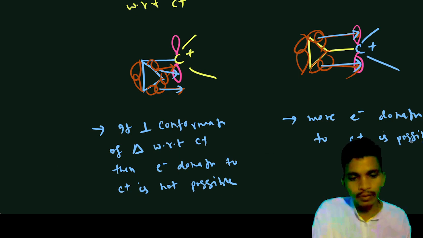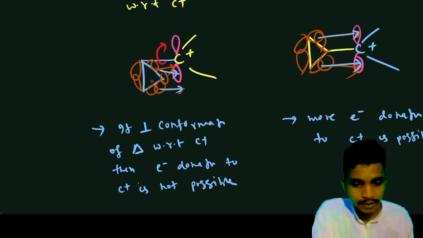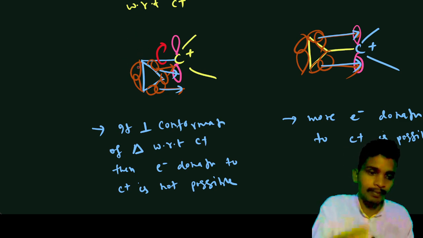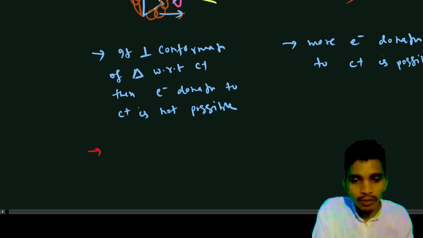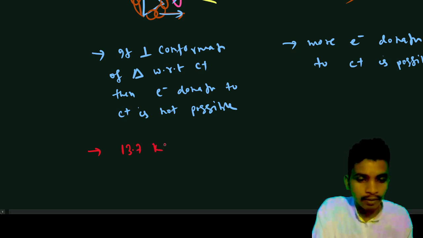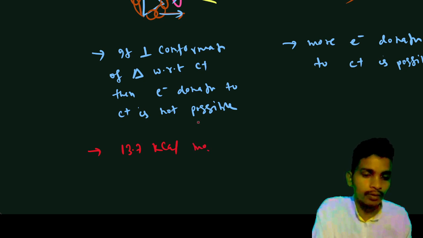So now the question will come: since this is a single bond, rotation is possible, so we can bring the perpendicular conformation to the bisected conformation. But the problem is that to rotate it needs 133.7 kilocalorie per mole.